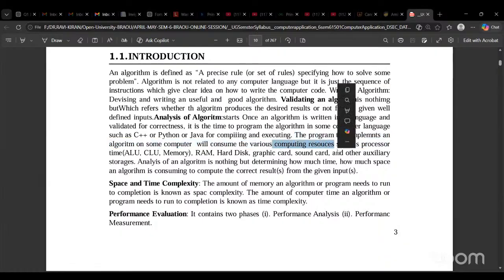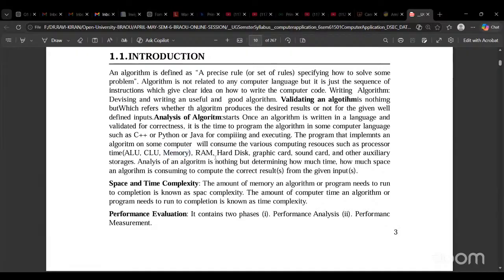One kind of resource is processor time. Inside the processor, the resources we exactly require are the ALU, arithmetic logic unit, and the control unit, and memory.